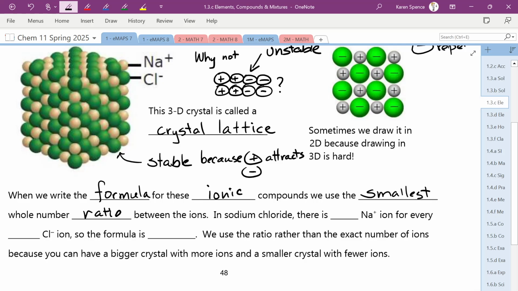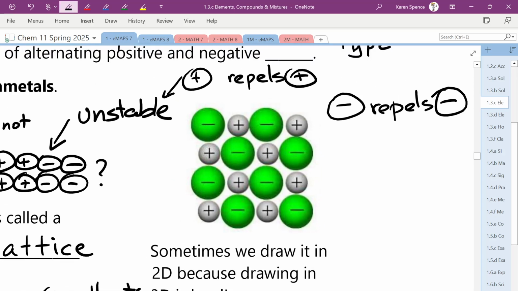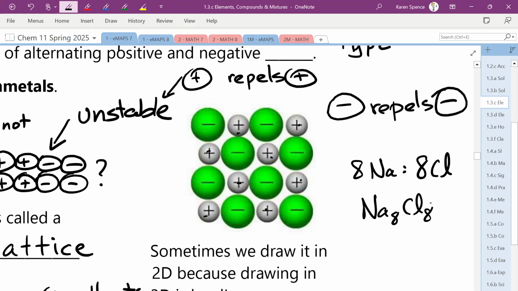Because you might have a slice of a crystal that looks like this. And in this case, we have 1, 2, 3, 4, 5, 6, 7, 8. We have 8 sodium for 8 chlorides. But we don't write Na8Cl8. Okay? We don't do that. We just say it's 1-to-1.